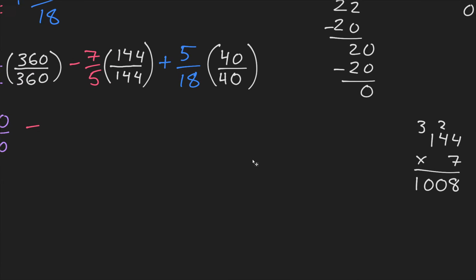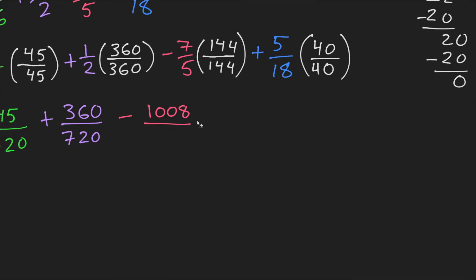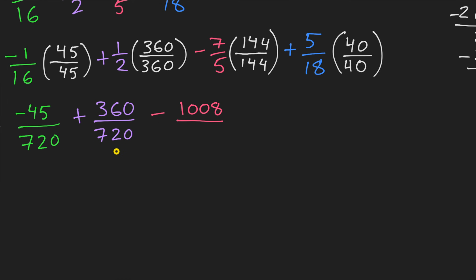So here we're going to subtract 1008 over what? Well, 5 times 144, unless we made a mistake, has to be equal to 720, our least or lowest common denominator. And to this, you're going to add, well, 5 times 40, 5 times 4 is 20, add a 0, 200, over, again, 18 times 40 is 720.